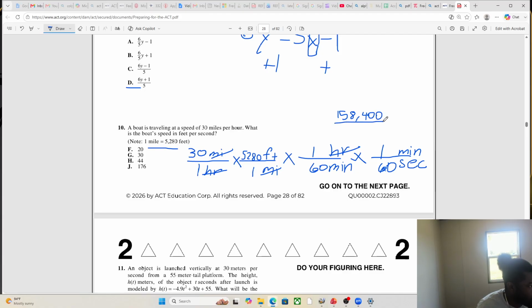That's your numerator. Multiply numbers on the bottom. So 1 times 1 times 60 times 60. It's going to be 3,600. And when you divide that, you should get 44.